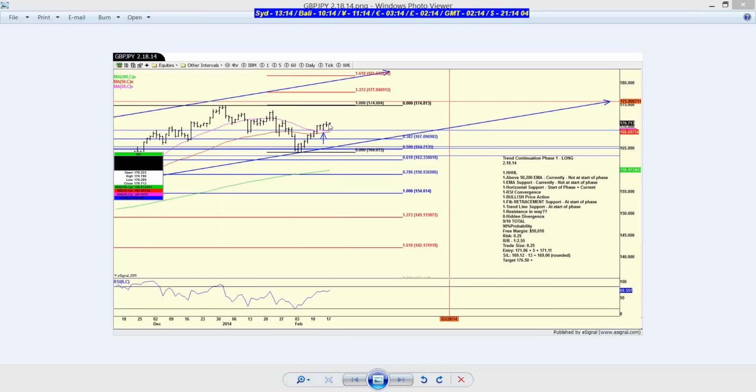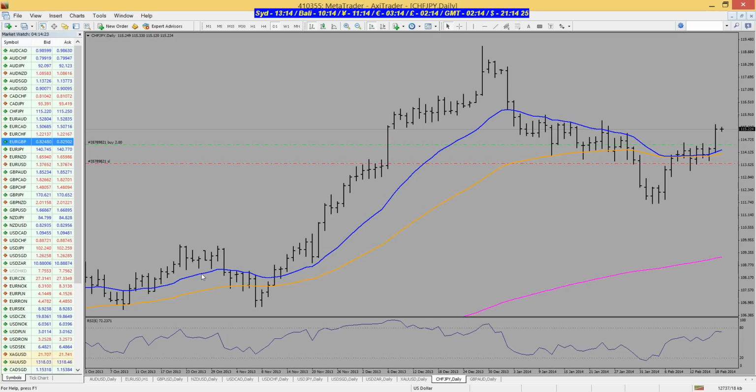We're kind of in the mid phase, and that's why I was saying look at the 4 hour on this one. Bullish price action, fib retracement. Yeah, it came back to the 50. Resistance in the way? No, not really. It's just a previous high. 90% probability. Okay, so I'm not sure what the query is there, but you've got the good analysis.